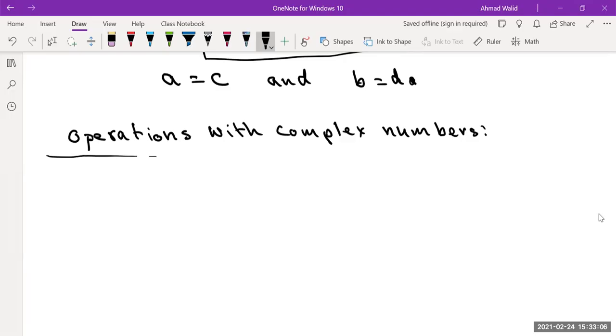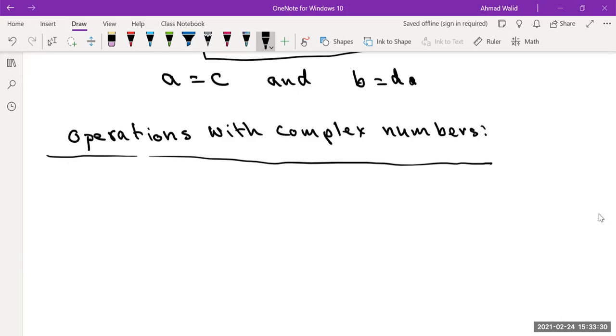It means you can add complex numbers, subtract complex numbers, multiply complex numbers, and divide complex numbers. The four main operations that we have in mathematics, you can also apply on complex numbers.